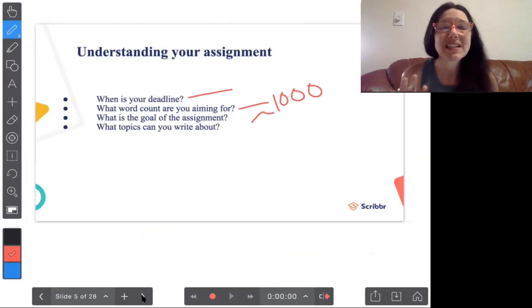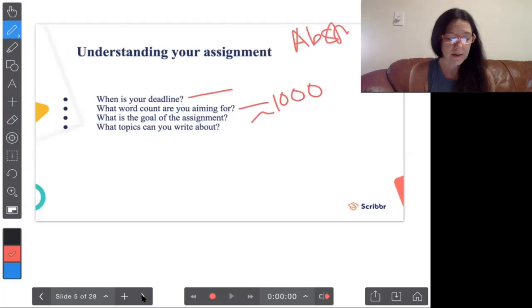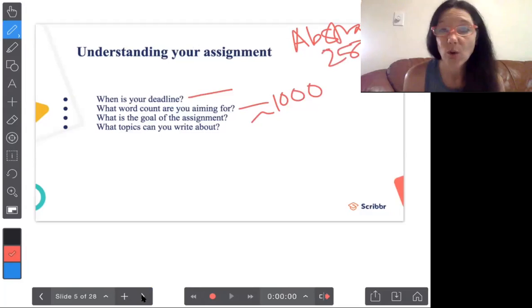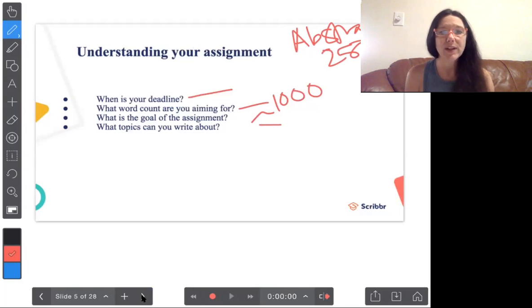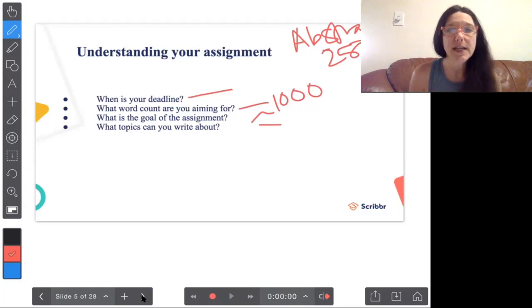So this isn't like in science, where an abstract says 250 words, which means you cannot go over 250 words. It cuts you off. But for us, it just needs to be about 1,000. That gives you enough time to write a good essay without it being a 30-page essay, right? What is the goal? Get a good grade.